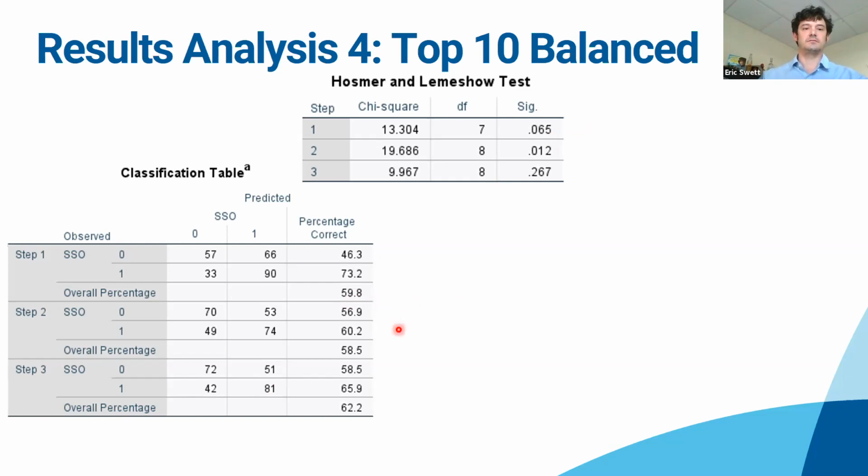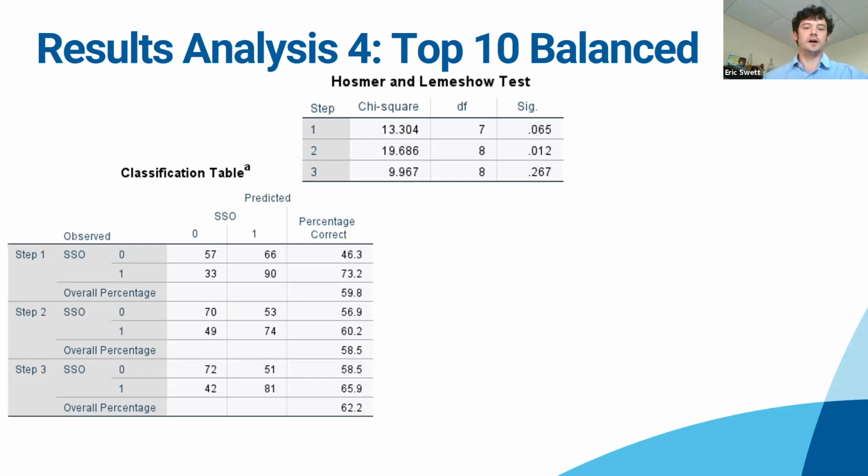The second model, the overall accuracy was 58.5% and it was the most statistically significant at 0.012. The third model, again, was not significant, and it actually did a little bit better at predicting, at 62.2%.